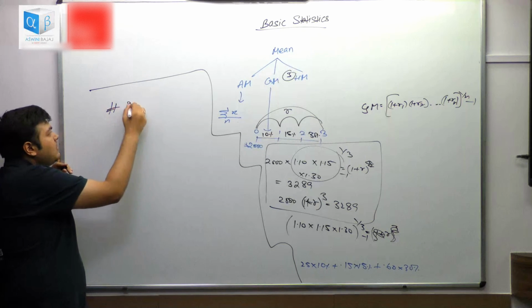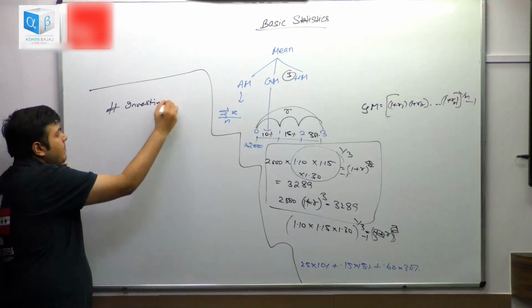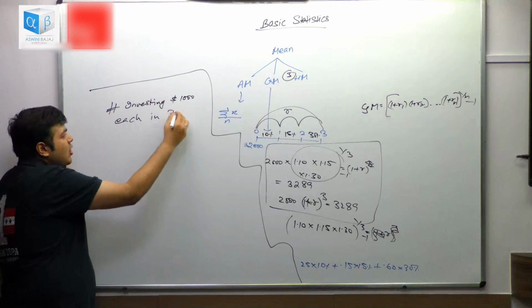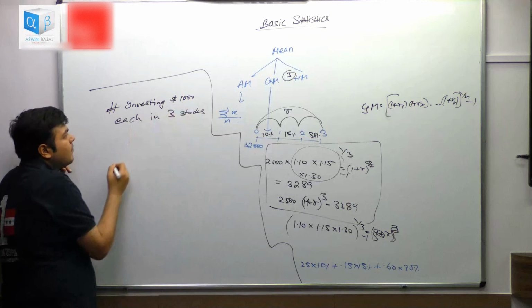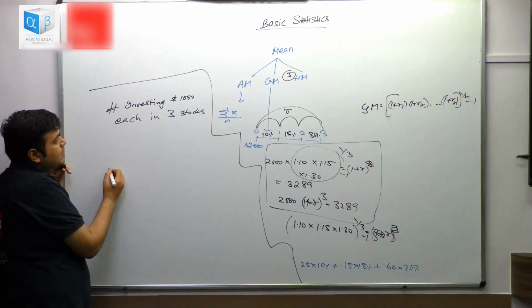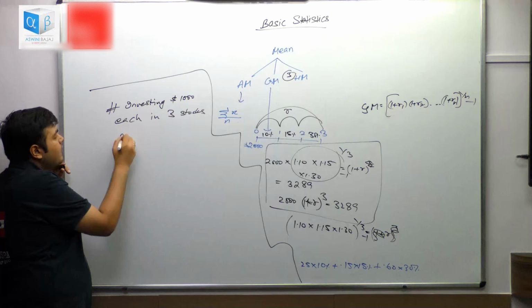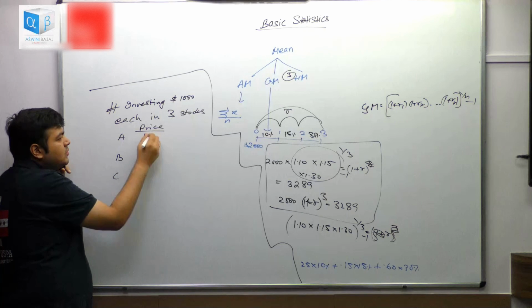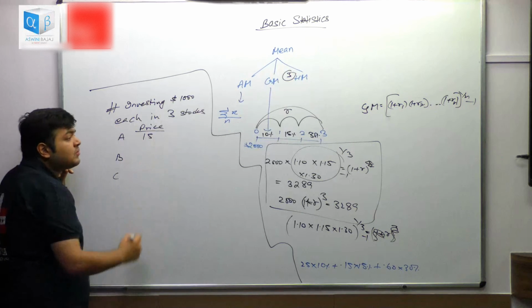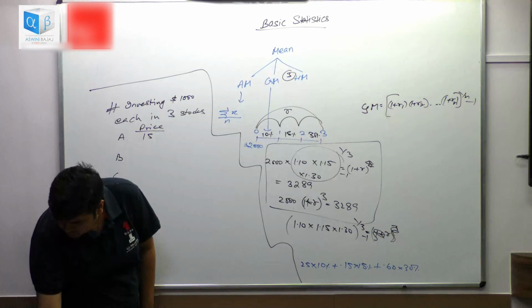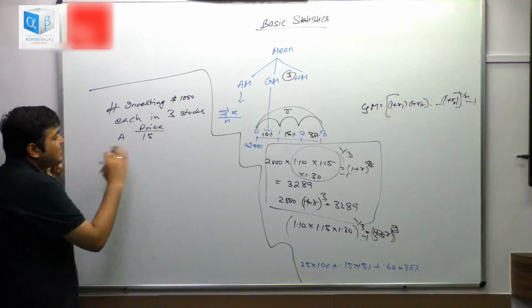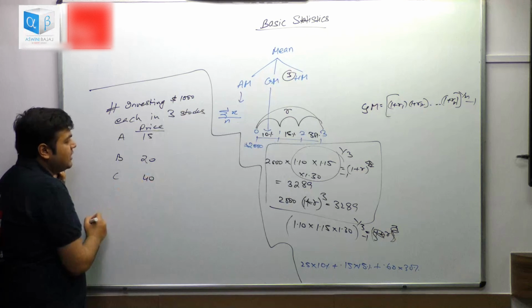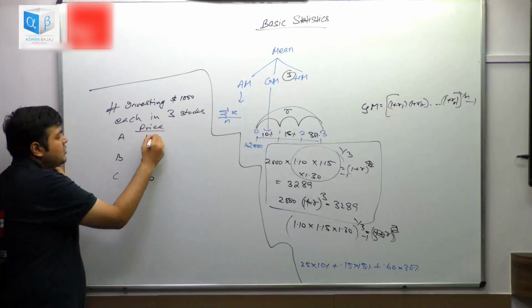So say for example, I'm investing $1,000 each in 3 stocks, A, B, C, and the price of each stock is... So let's say for example the price of stock A is 15, B is 20 and C is let's say 40. 15 नहीं थोड़ा दूसरा नंबर कर दे रहा हूँ, easy होगा calculation.